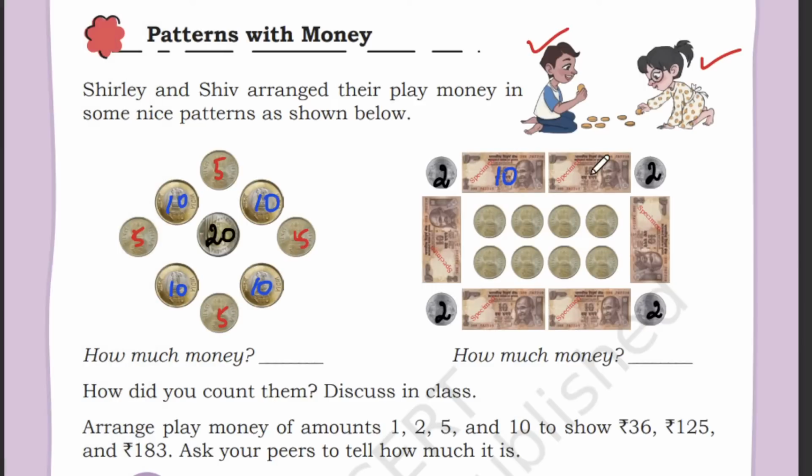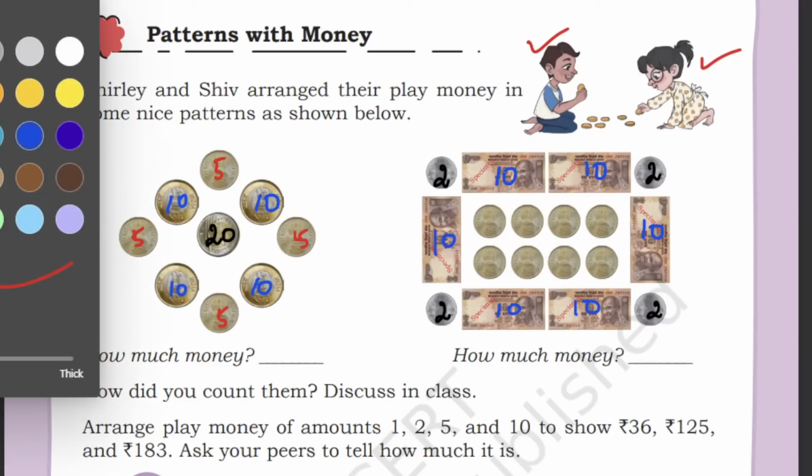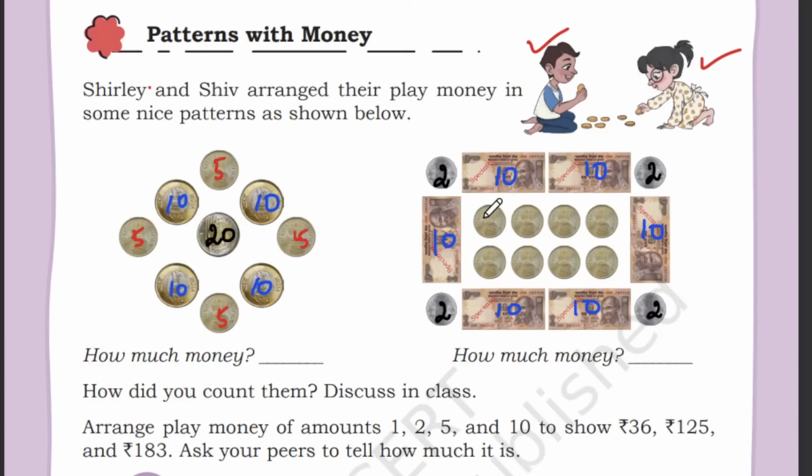So we have 10 rupees, and 5 rupees I'll do in red color. Okay, these are 5 rupee coins. 5, 5, 5, 5.